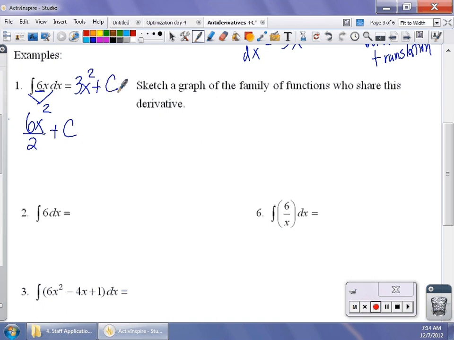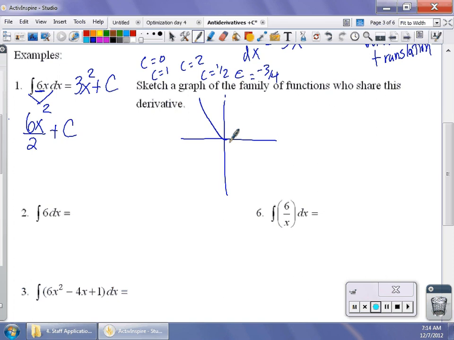Then it says sketch a graph of the family of functions who share this derivative. Well, what I'm talking about there is 3x squared plus c. Well, as we talked about earlier, c could be 0, c could be 1, c could be 2, c could be a half, c could be negative 3, 4. C could be anything. So the basic parent function, so to speak, would be 3x squared, which would look something like that.